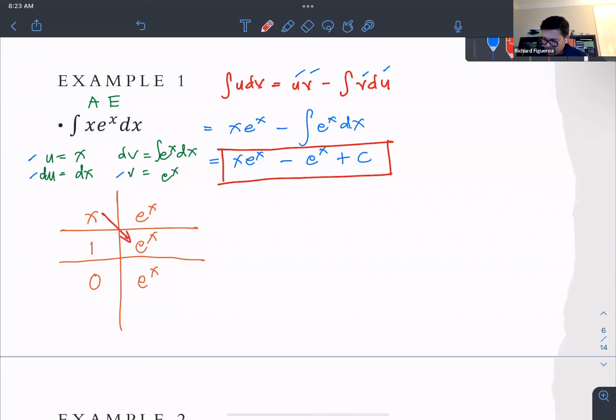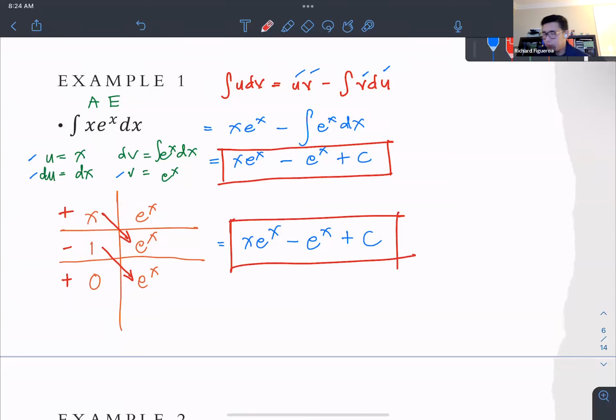And then we write the sign alternately. So that will be positive X, e^x, so X e^x. And so negative 1 times e^x, negative e raised to X plus C. So which is the same. Right? So tabular method and the integration by parts method.